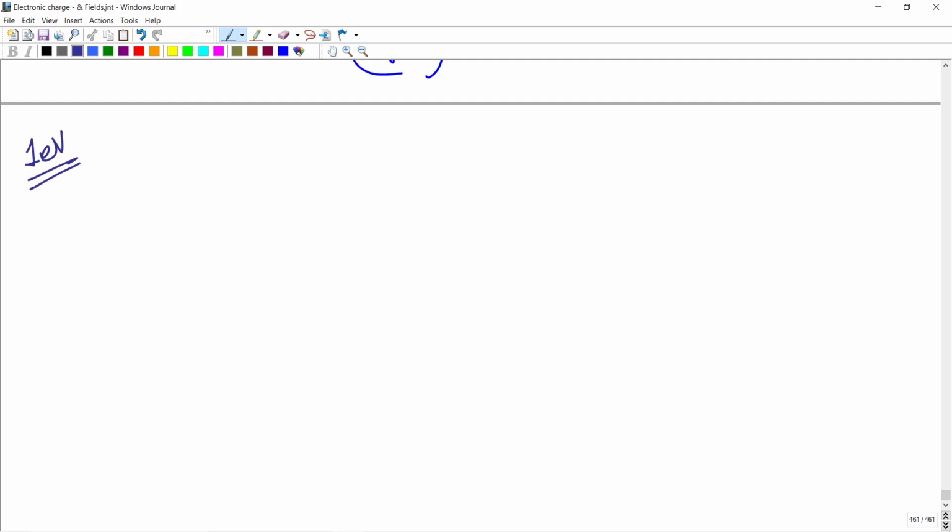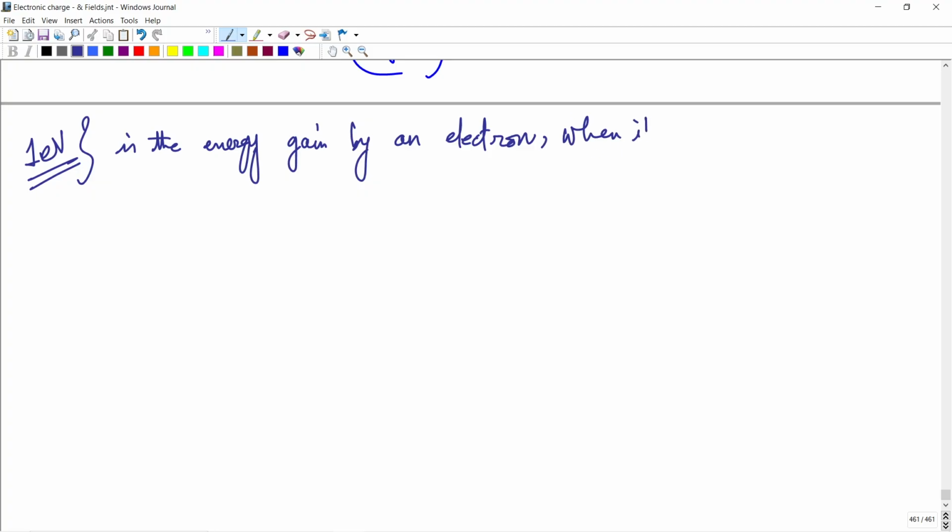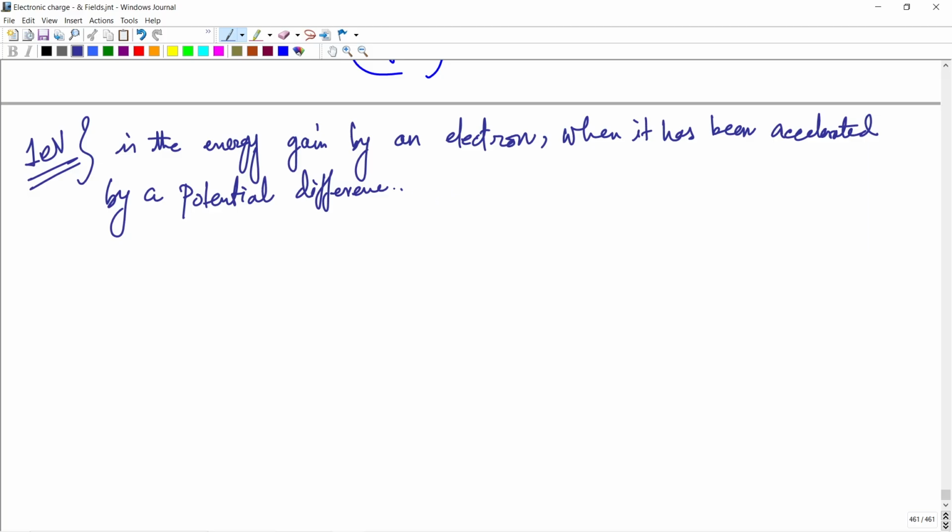What is 1 electron volt? 1 electron volt is the energy gained by an electron when it has been accelerated by a potential difference of 1 volt.